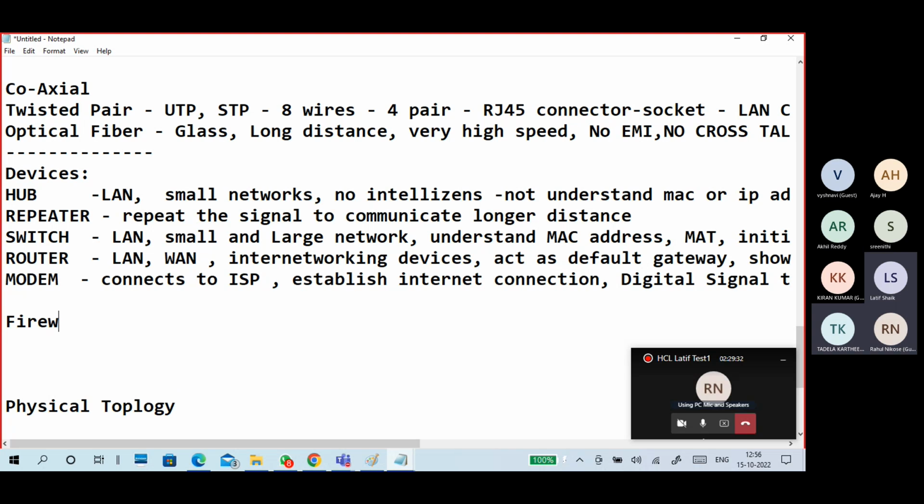What is UDP? Yeah, tell me. User Datagram Protocol. TCP and UDP are not devices. They are types of protocols.